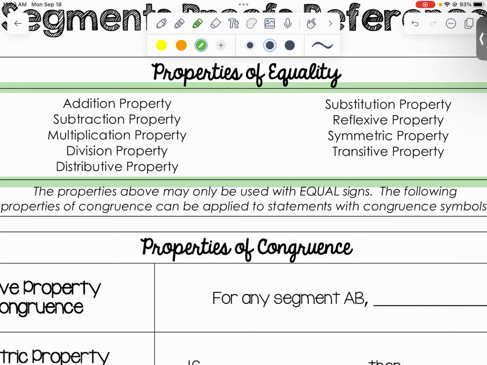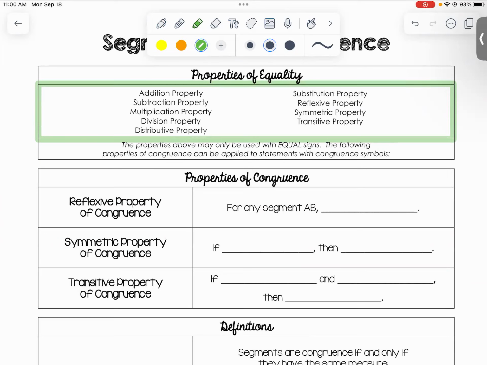Now, if we have a congruence sign, we have three properties that we can use for congruence. Remember, congruent is that little squiggly. When we're talking about segments, an equal sign means we're referring to the measure, but a congruent sign means we're talking about the segment itself.